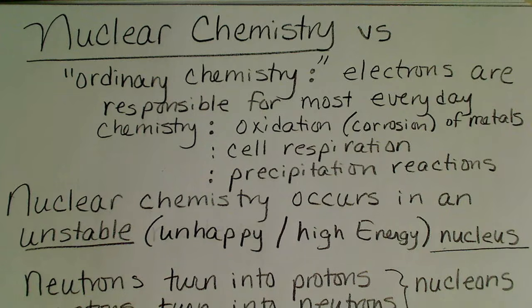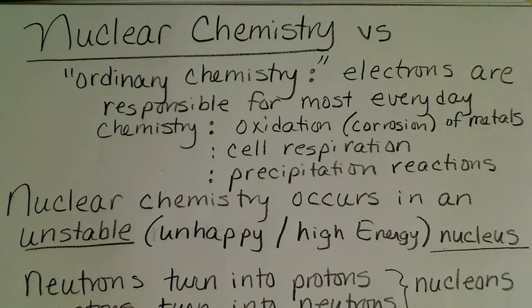We are going to be studying nuclear chemistry, which is a completely different branch of chemistry than what I would refer to as ordinary chemistry. In nuclear chemistry, reactions happen inside the nucleus only, and remember the nucleus has the protons and neutrons in it.